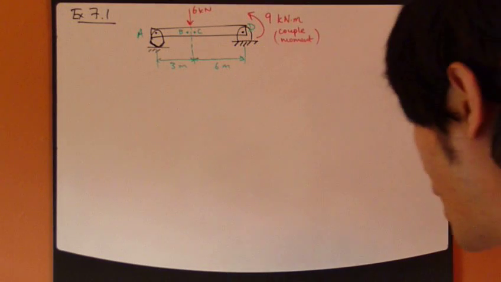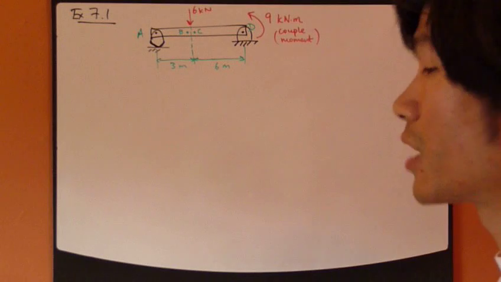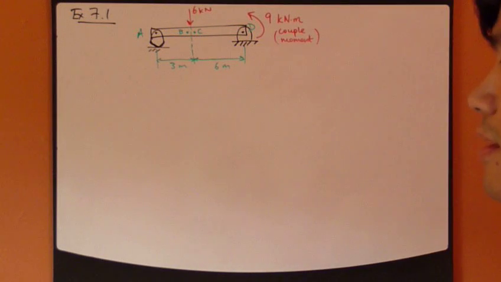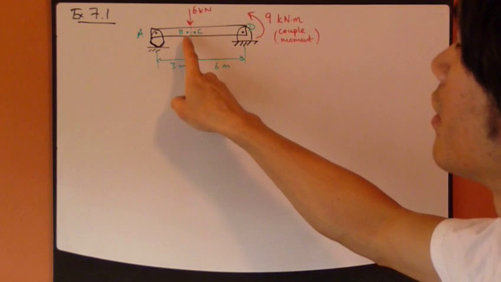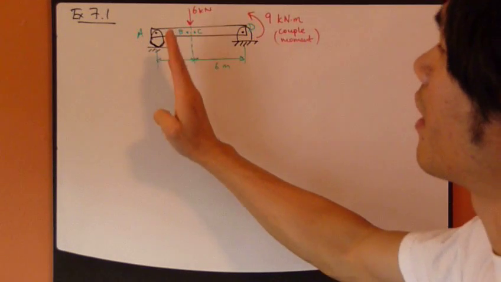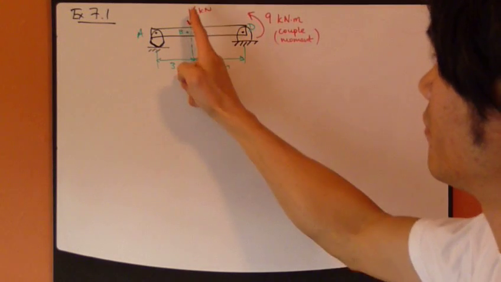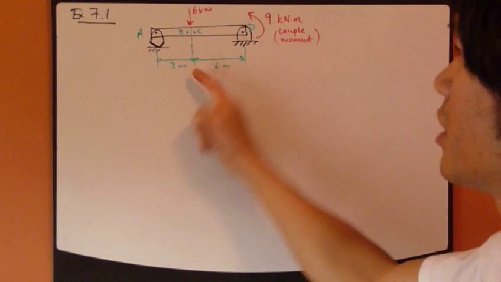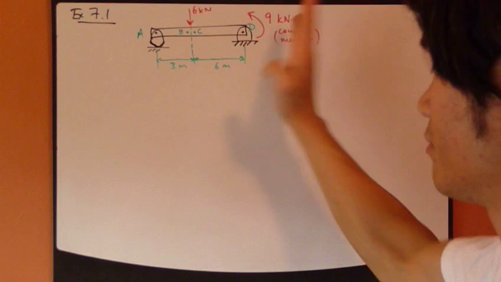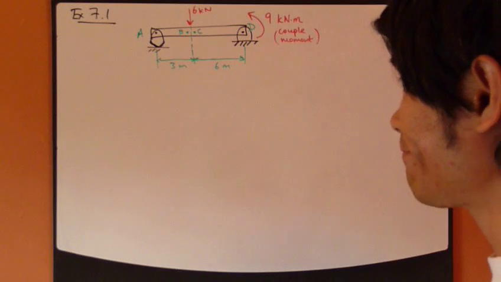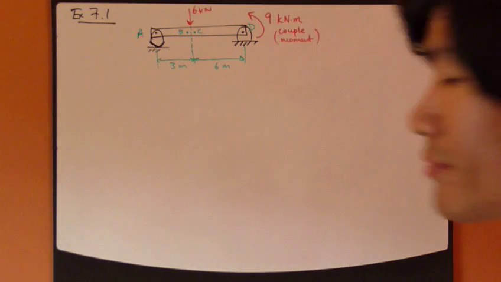You're asked to find the internal forces and moment at B and C, where B is just left of this section right here, where the 6,000 Newton is applied, and C is just to the right of it. Some dimensions are given.